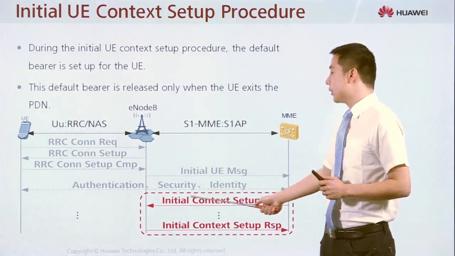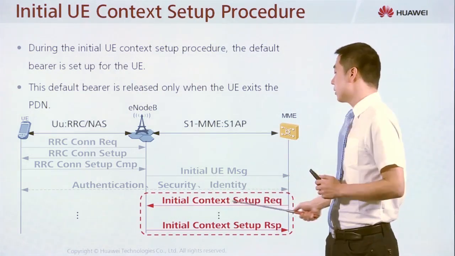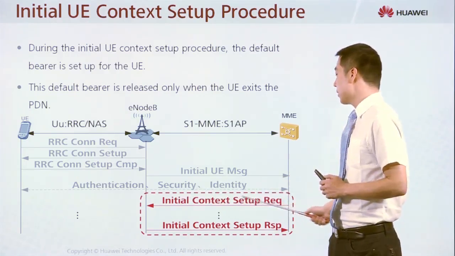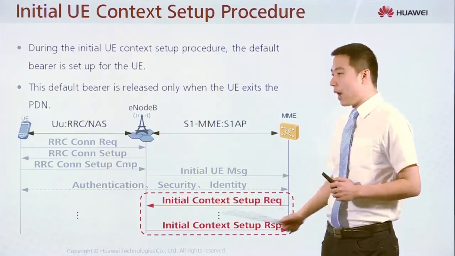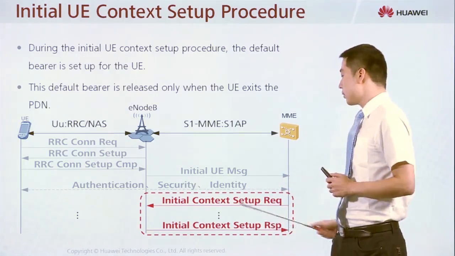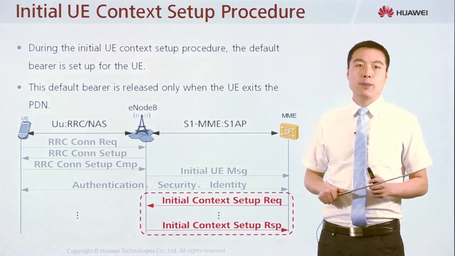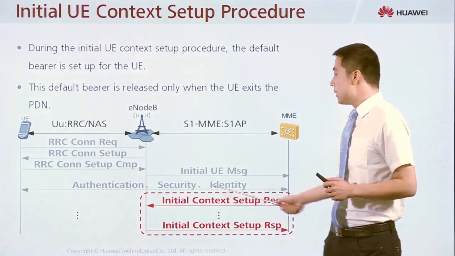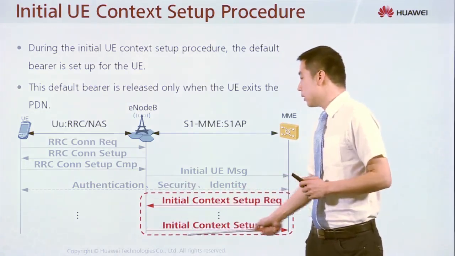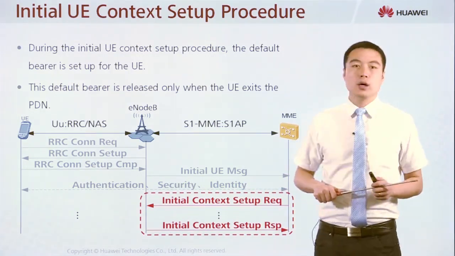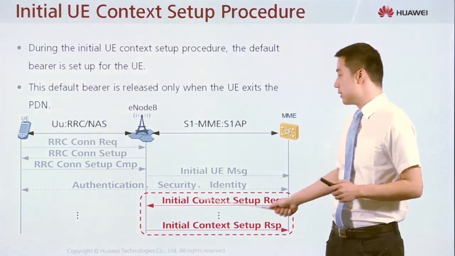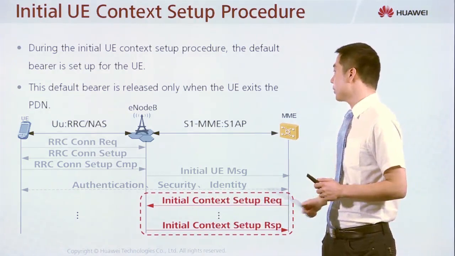This is the start point for setting up the default bearer, the initial context setup request. And this is the endpoint, the initial context setup response, the endpoint of the default bearer setup. This red circle shows the whole procedure for the default bearer setup. This is the start point and this is the end point.